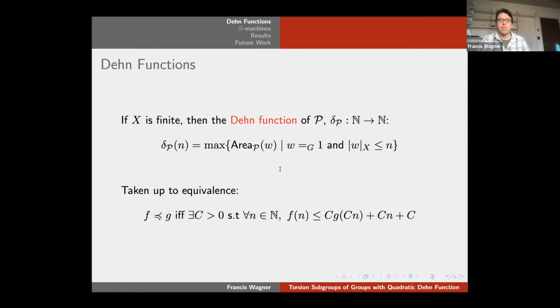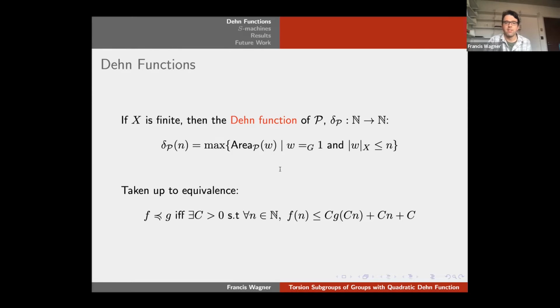Okay. So this function is taken up to an equivalence, this natural equivalence, which is induced by this preorder that one can put on any function from the natural numbers to the positive reals, which is non-decreasing, which says that f precedes g if and only if, coarsely and up to some linear term, f is bounded above by g.